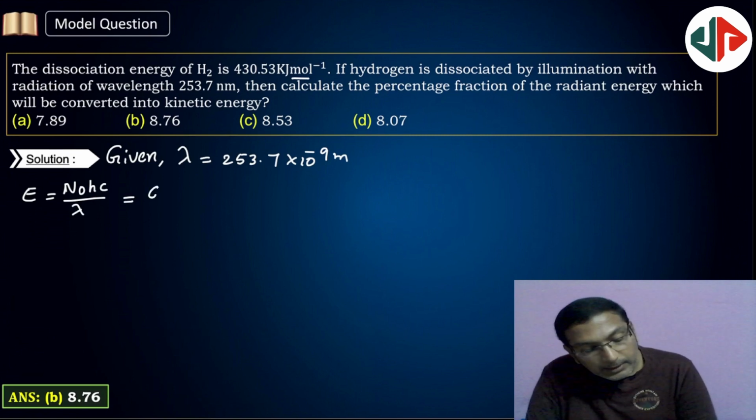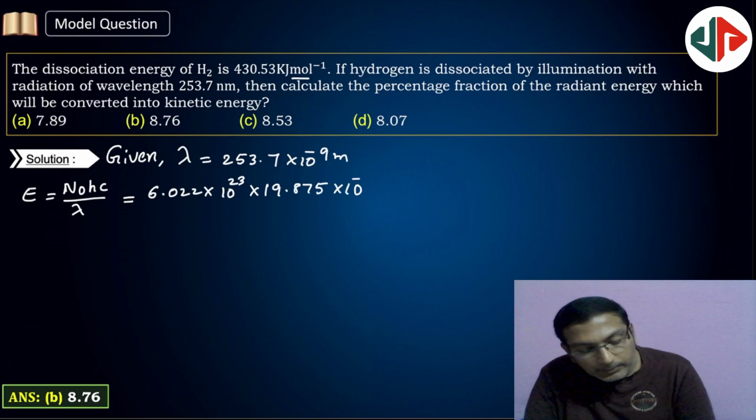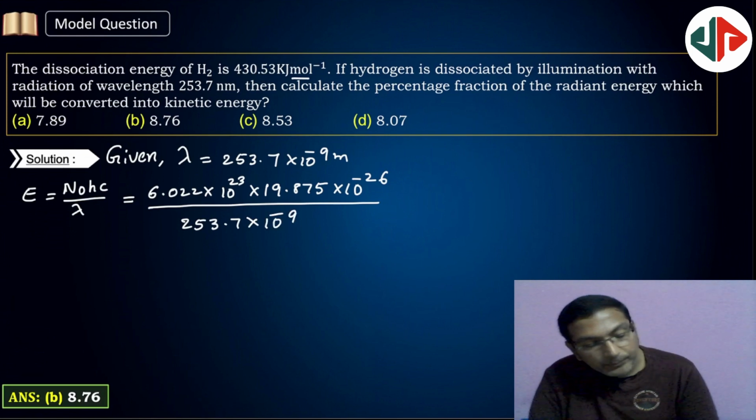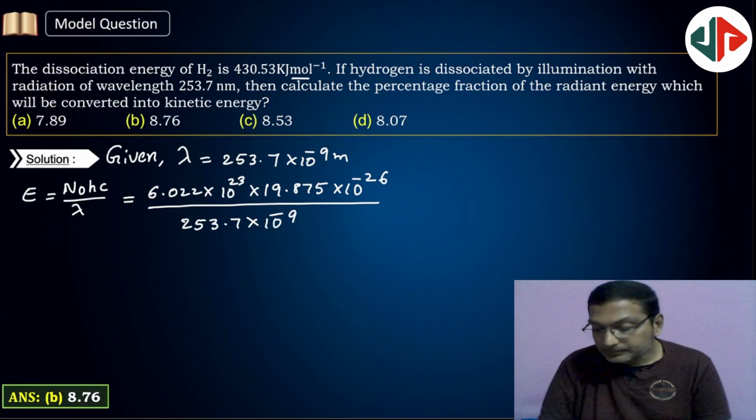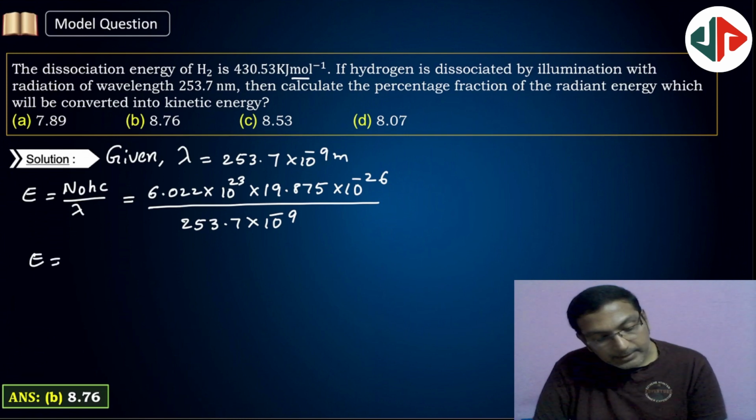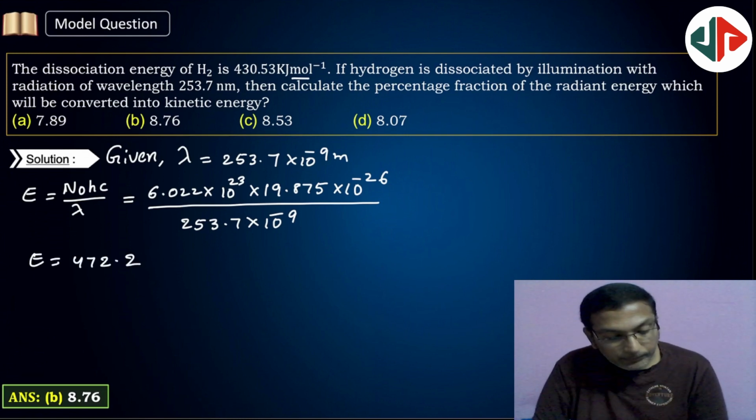So N0 6.022 into 10 power 23 into hc value 19.875 into 10 power minus 26 by lambda value 253.7 into 10 power minus 9. So from this we'll get incident energy as 472.2 kilojoules.